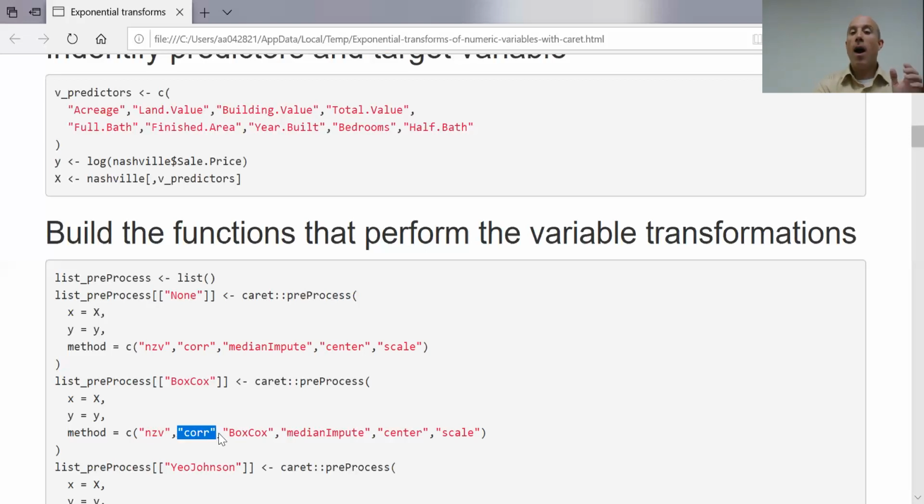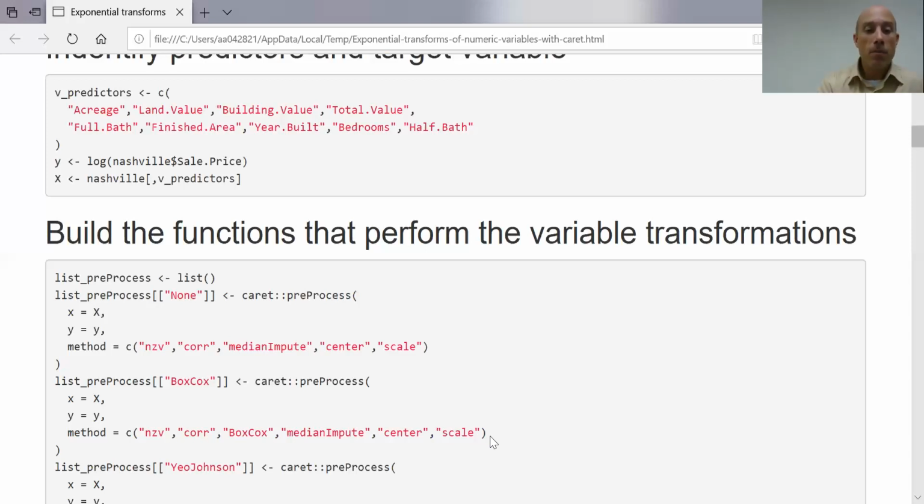Then highly correlated variables get filtered out. Then it does the numeric transformations. Then it does imputation. Then it centers. Then it scales if I ask it to do all these things. Next step, if I asked it to, it would do principal component analysis for me.